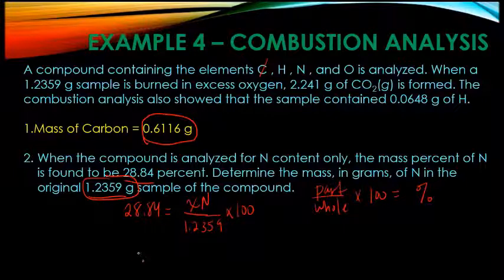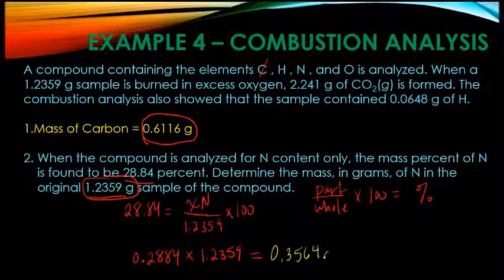So I would just probably lay it out like that, changing that to the decimal form of the percent, multiply it by the gram amount in the total sample, and then you end up getting your final answer for the nitrogen. So this one ends up being 0.3564 grams of our nitrogen. So that means we've also found our grams of our nitrogen.